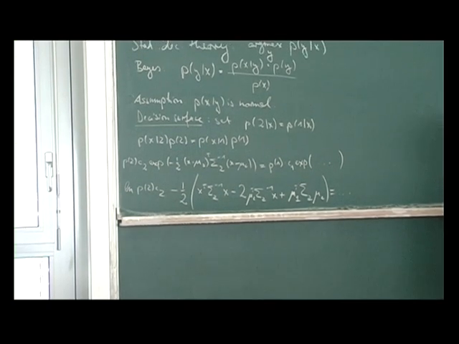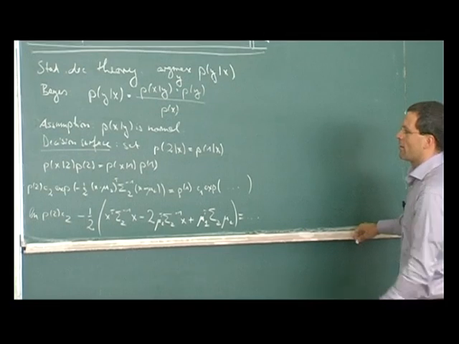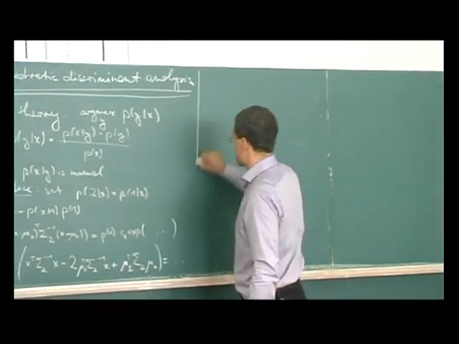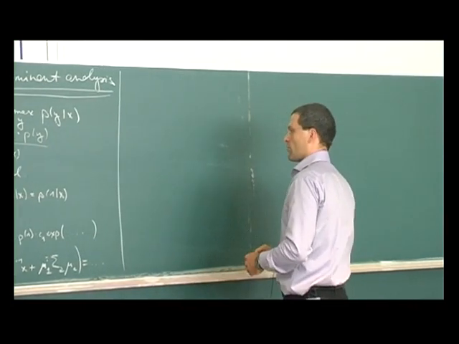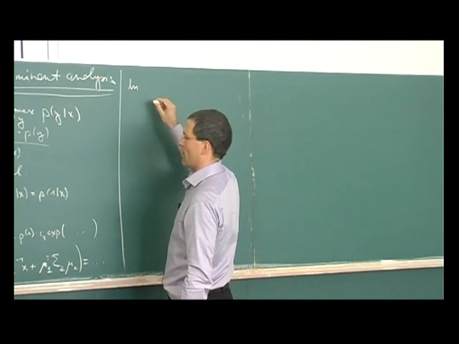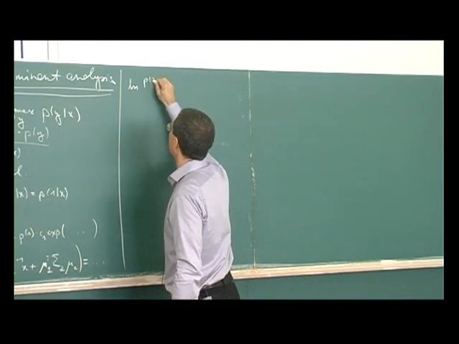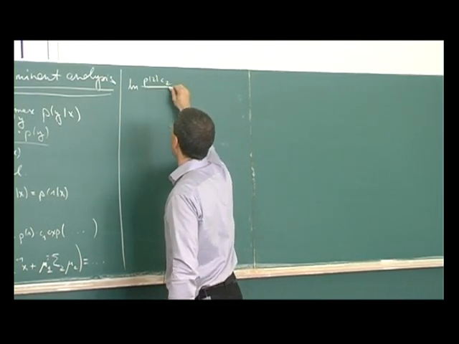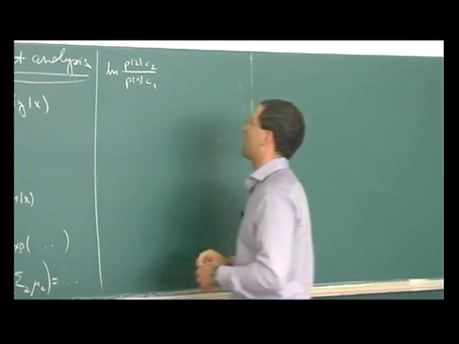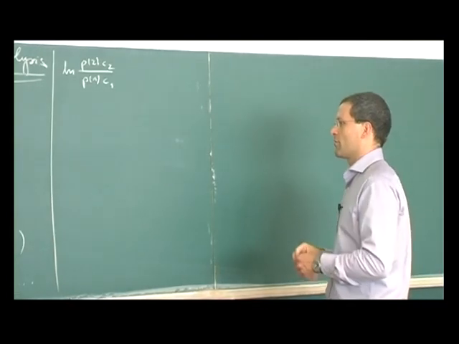And we can now group and bring everything on the left-hand side. So first I will have the ln of P2 times C2 divided by the prior probability of class 1 times the normalizing constant of the Gaussian for the first class.